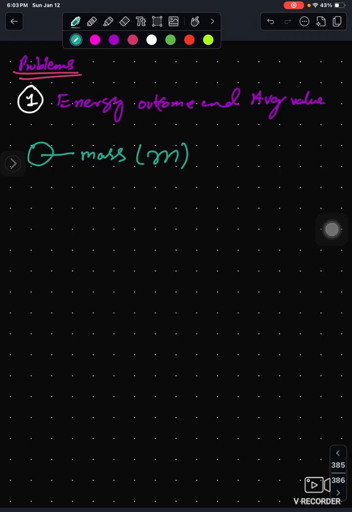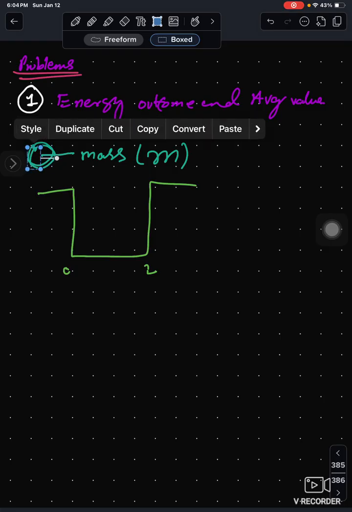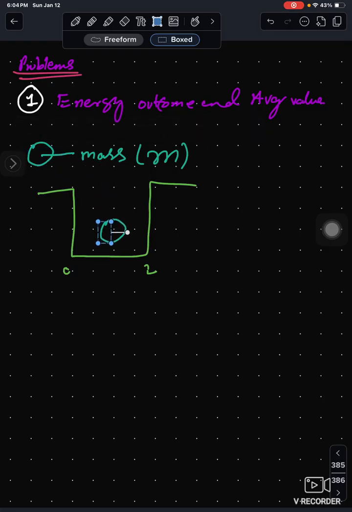That's one dimensional. Then in the interval 0 to L, we make a replica of this box.